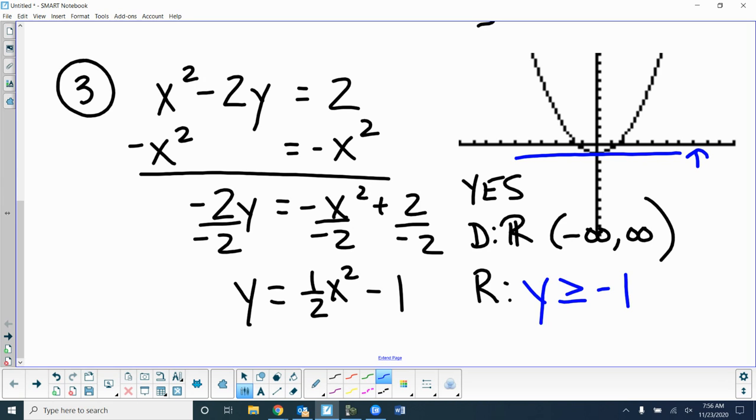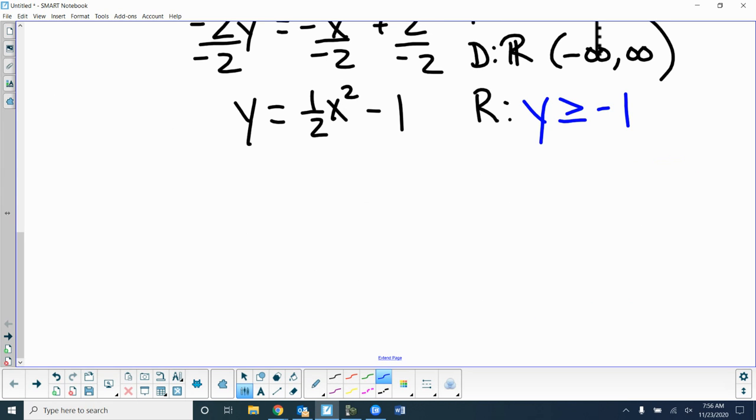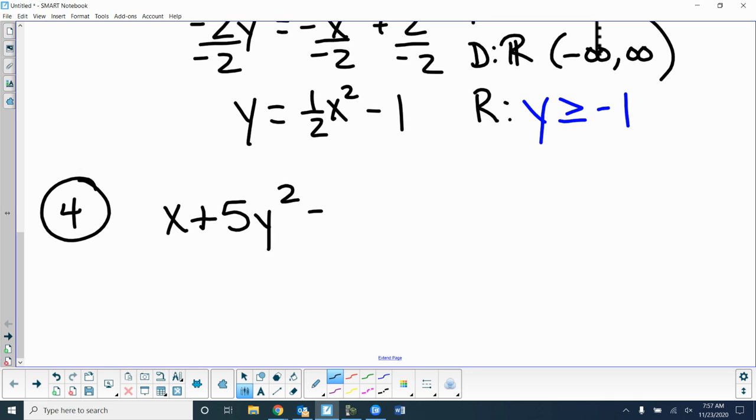Okay, number 4. The y is squared. Okay? Again, we've talked about this. Who knows what that looks like? Anybody in here? Yeah, it's a parabola that opens sideways, right or left.